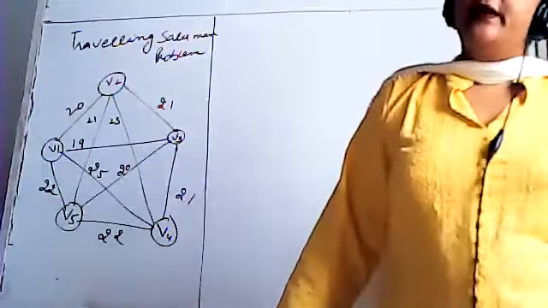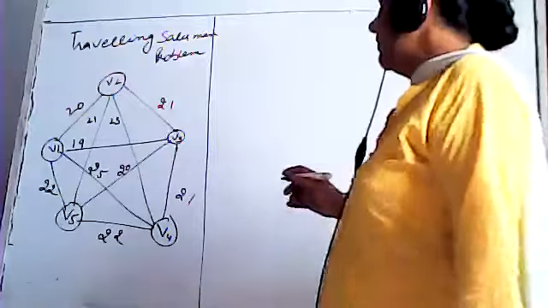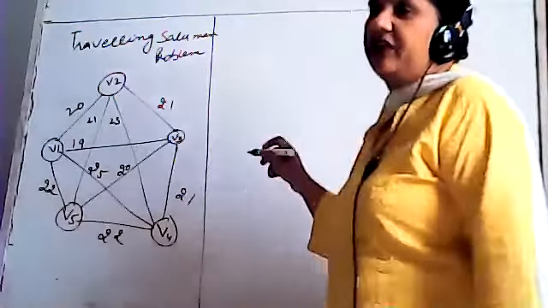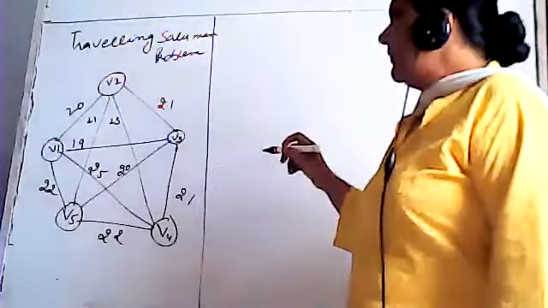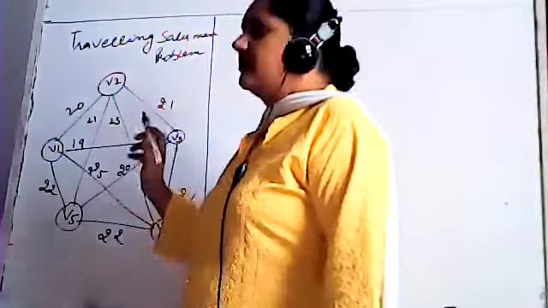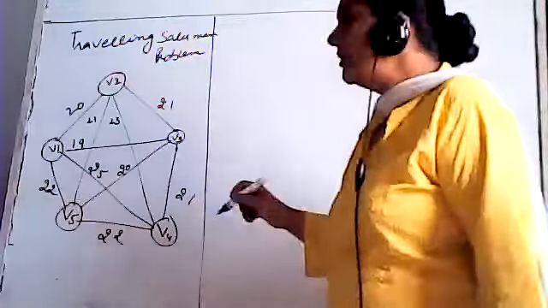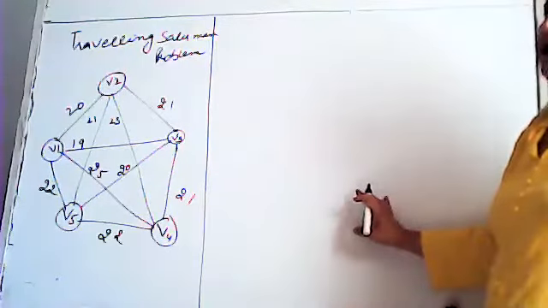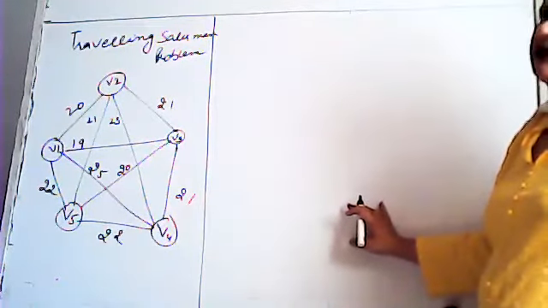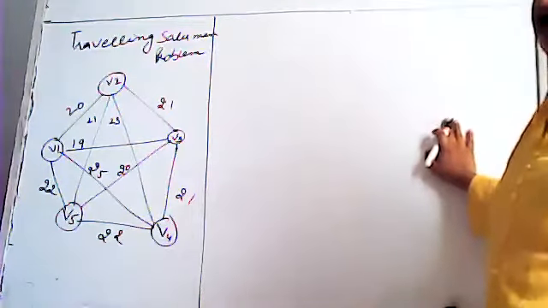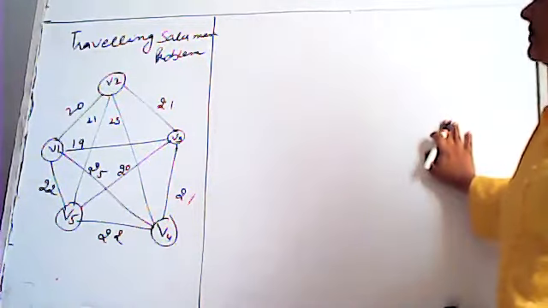As is understood from the problem, in the traveling salesman problem, the person has to visit n places. Here I have taken 5 places. And after traveling to 5 places, he has to come back to his original position. That means that definitely this graph is going to make a closed loop. But what would be the minimum distance that he would take to travel from one vertex to another?